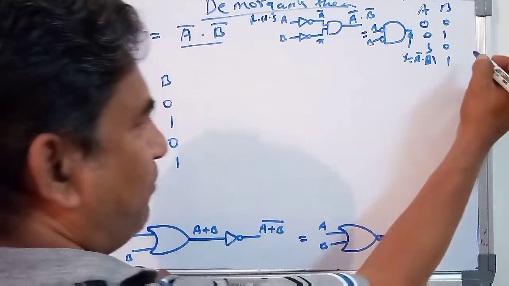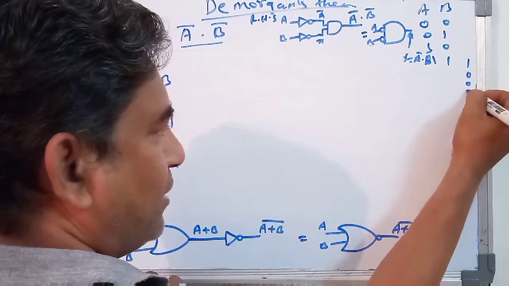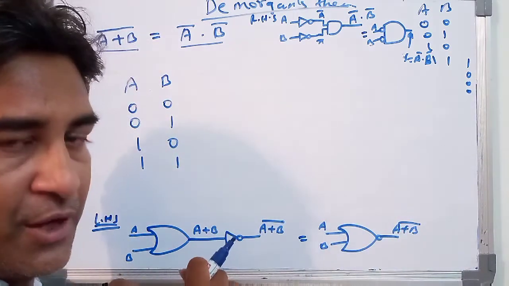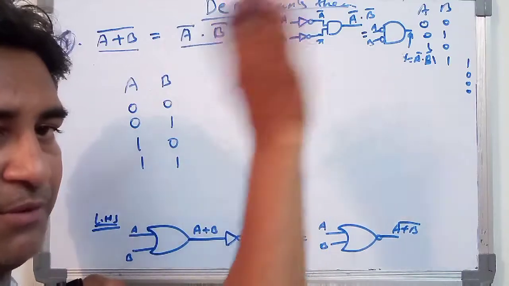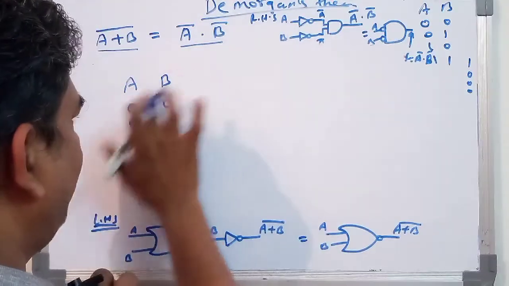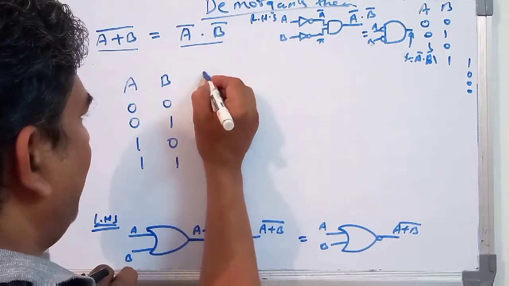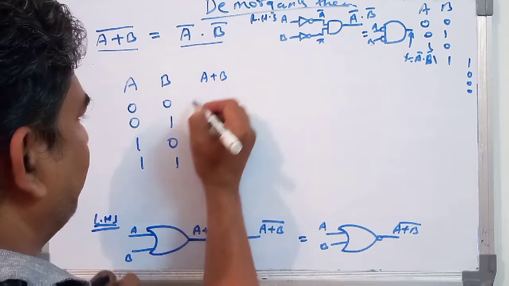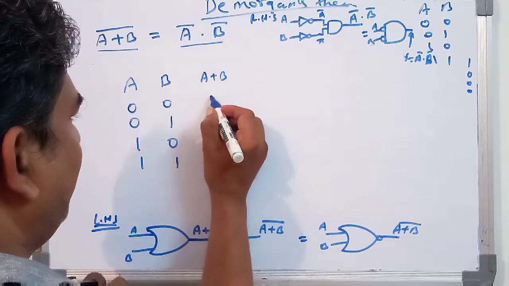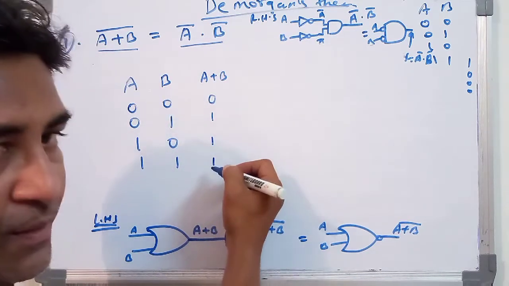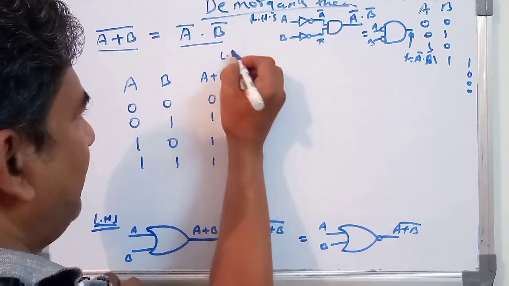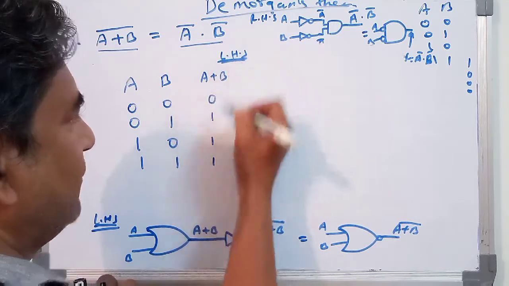As we know, we have proved that 1, 0, 0 and 0 will be the values for the left hand side and for the right hand side. According to that, it will be proved. So first you have to form A plus B. What will you get for A plus B? Here 0, 1, 1 and 1. Okay, you may write this as the left hand side.